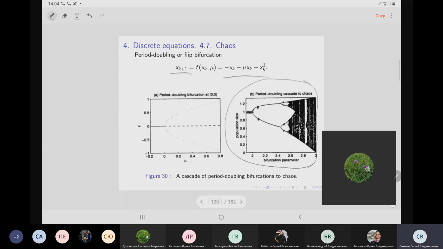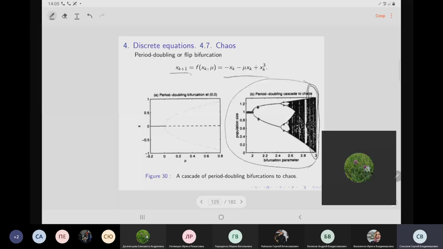It's an interesting situation because it means that, for example, we can use these discrete equations to generate pseudo random numbers, because the final result with the increase of k is absolutely unpredictable.